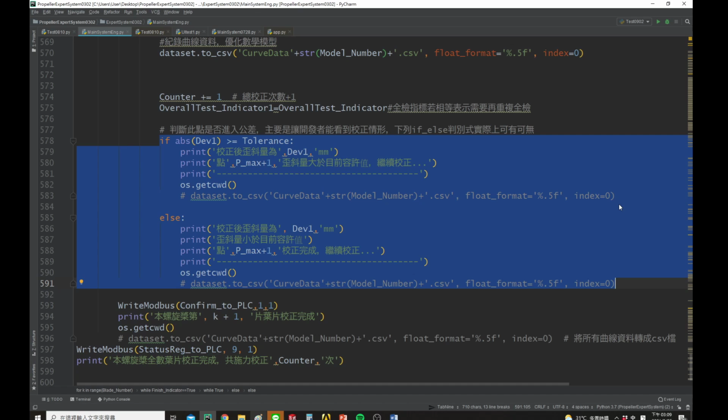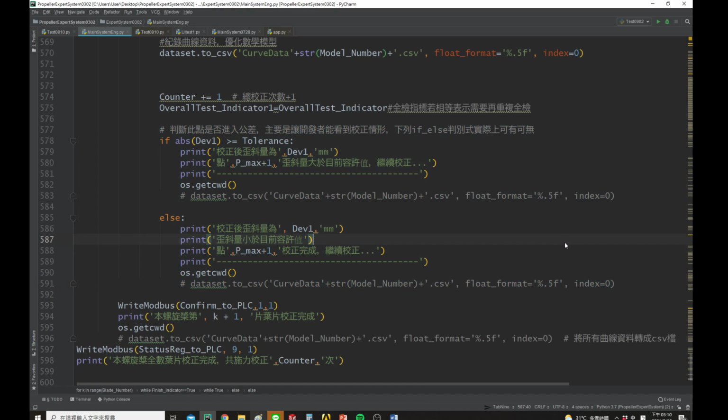It just shows us the result for the point we are tuning now, whether it's under 0.2, but it doesn't have anything to do with the whole process.